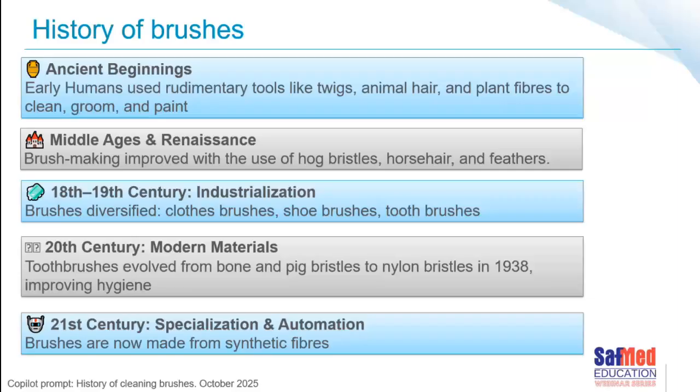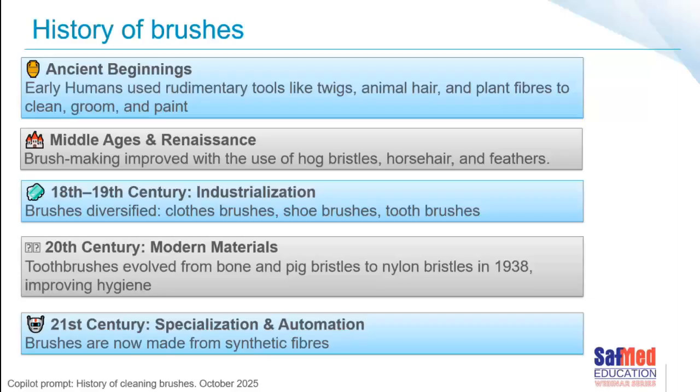Toothbrushes, for example, evolved from bone and pig bristles to nylon bristles. I've seen a few different points where they refer especially to 1938, when we started to develop these bristles made of nylon. And that was quite a turning point in the world of cleaning brushes.